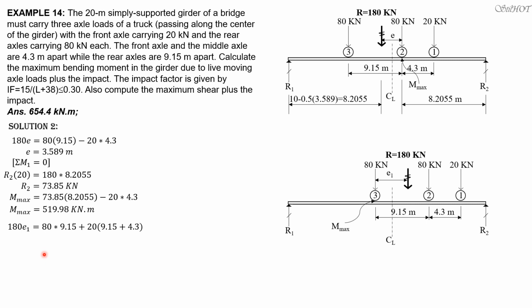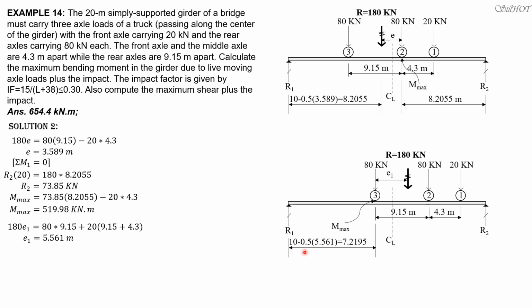So 180 times E1 equals, with this as our reference, 80 times 9.15 plus 20 times the quantity 9.15 plus 4.3. So E1 is 5.561 meters. The other way is 9.15 minus E, which is 3.589. So therefore, this distance is 10, or L over 2, minus E1 over 2.